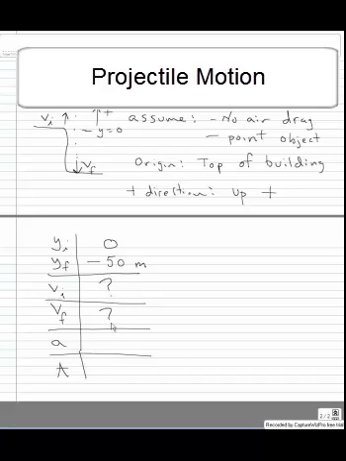V final, we don't know that either. We could solve for it. The acceleration is the acceleration due to gravity, 9.8 meters per second squared. And in what direction is that acceleration? It's down, which is our negative direction, negative 9.8. And in the problem it's given, t equals 5 seconds after the projectile is launched.